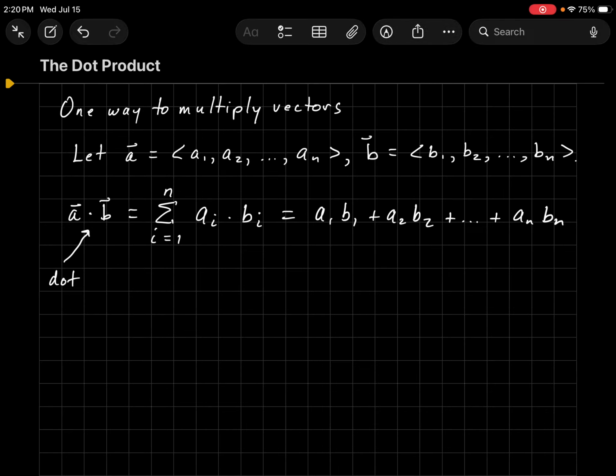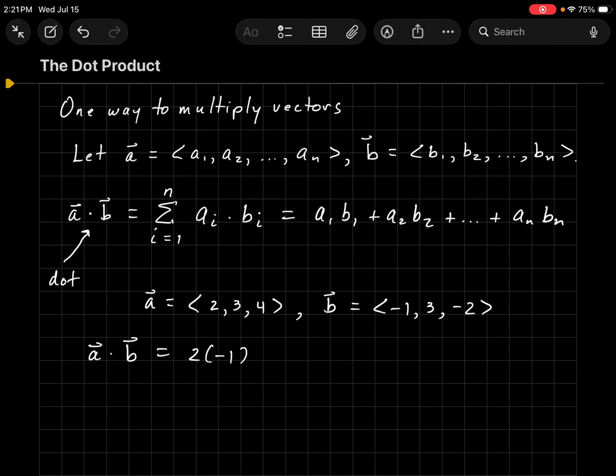For example, because it's not that difficult of an idea, let A equal the vector 2, comma 3, comma 4, and let B equal the vector -1, comma 3, comma -2. Then A dot B is found by multiplying the like components, so 2 times -1, like the x's get multiplied together, then the y's get multiplied together, and the z's get multiplied together, and we add each of these products to get a final answer.